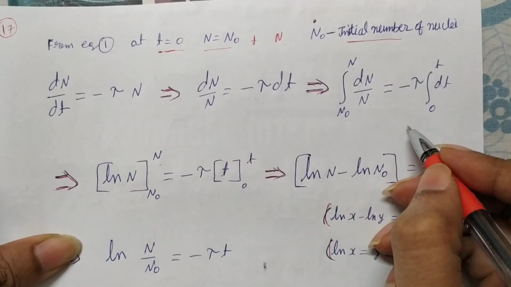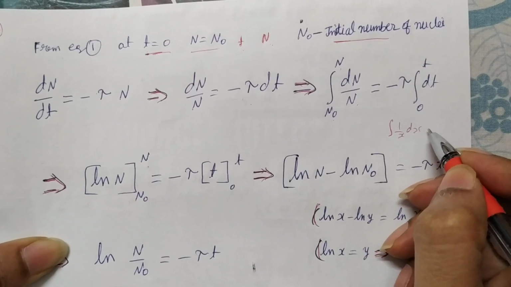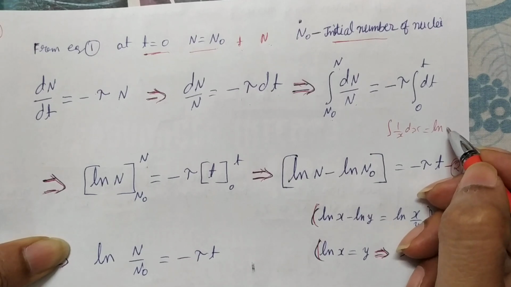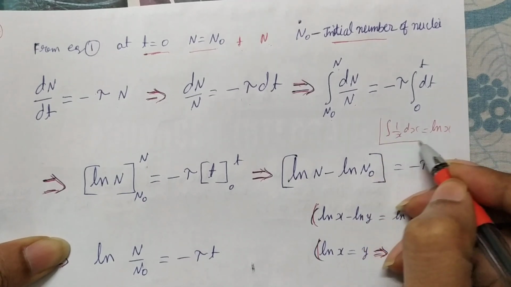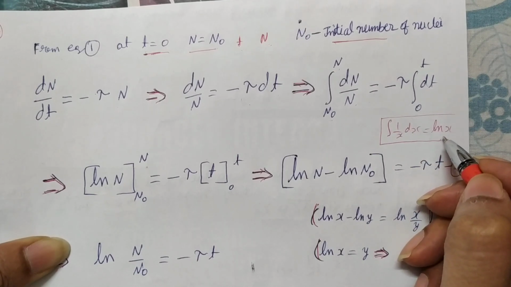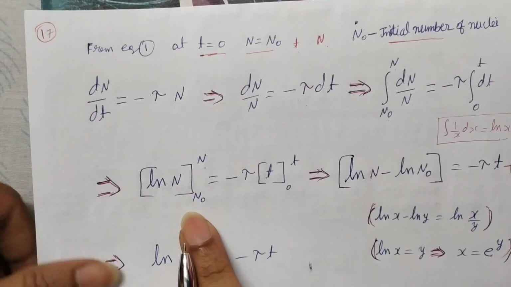So what is the integration formula for integral 1 by x dx? It is equal to ln x, meaning natural logarithm. ln or log base e, both are the same. So you get ln x. That you can write here.